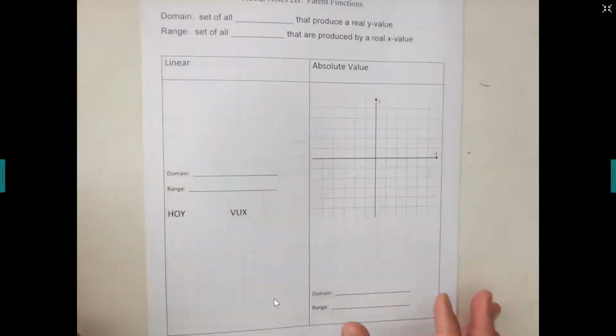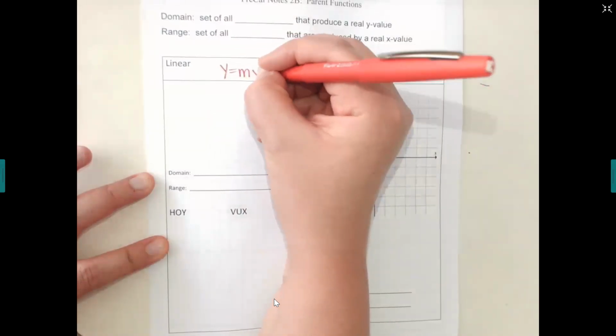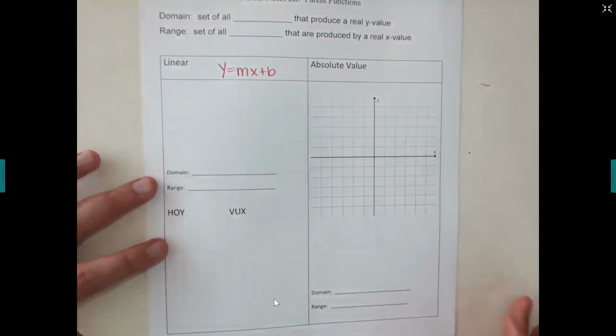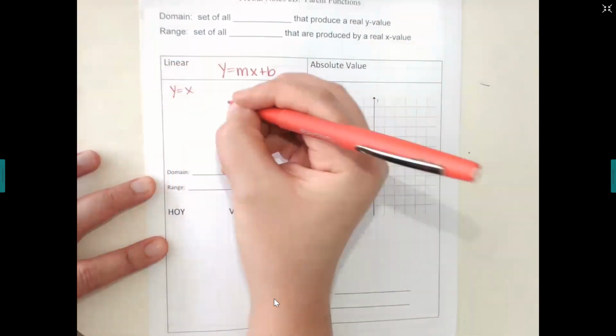So let's start off with the linear family. Put y equals mx plus b. Remember that the parent function is y equals x.